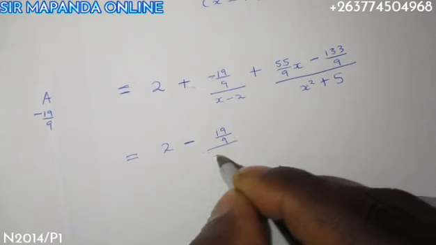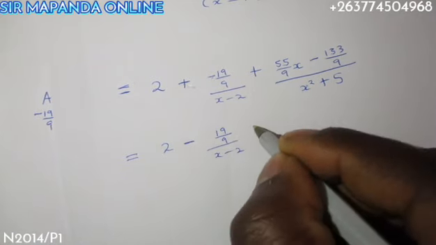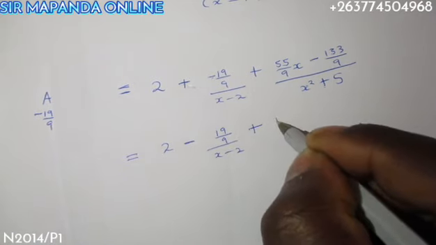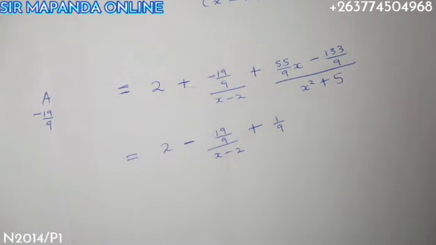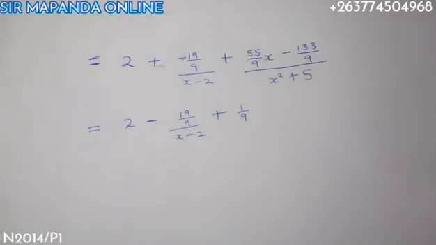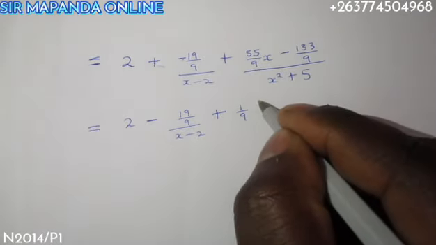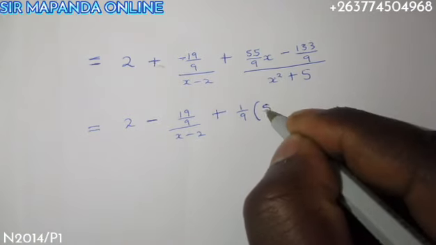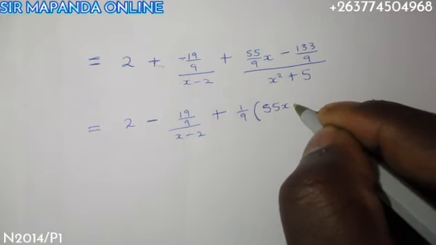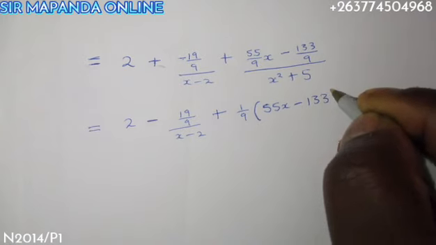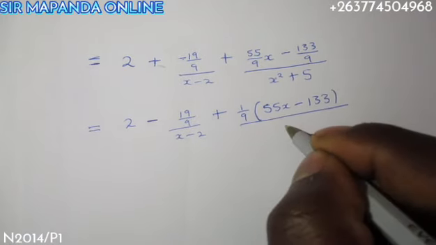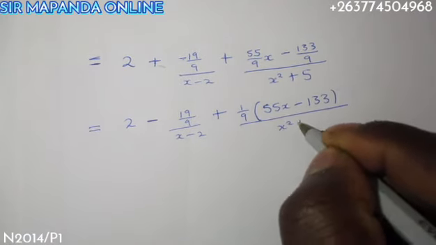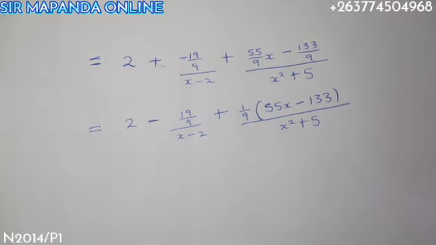Plus and minus, it gives you minus 19 over 9 over x minus 2 plus, here you can factor out 1 over 9, which is the highest common factor of 55 over 9 and 133 over 9. So you are factoring out 1 over 9. You get 55x minus 133 all over x squared plus 5.